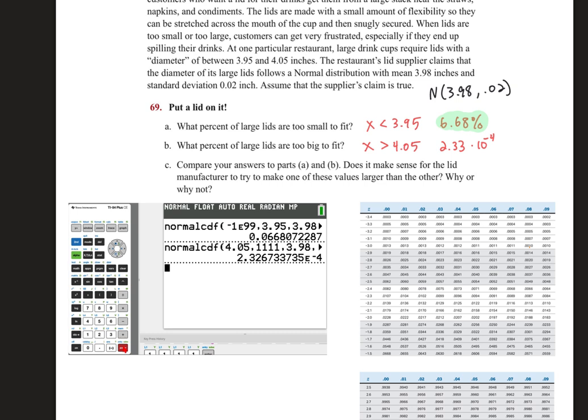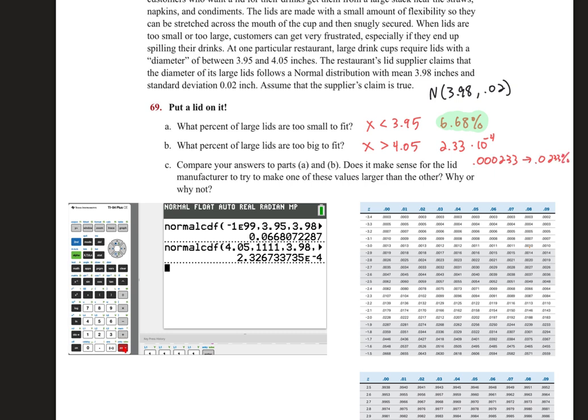Okay, so then this will really end up being 0.000233. Okay, if we change this to a percent, this will be 0.0233%.